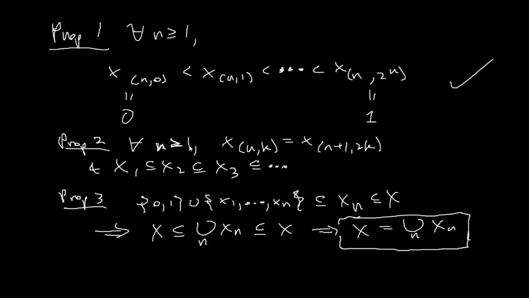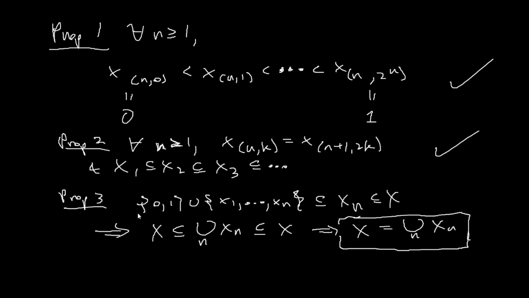For all n greater than or equal to 1, xn comma k is equal to xn plus 1 comma 2k. So to go to the next step, you double the second index from k to 2k. And in terms of the sets that label the elements, we have X1 is a subset of X2, which is a subset of X3, and so on.